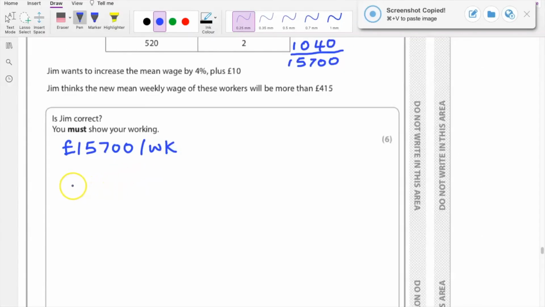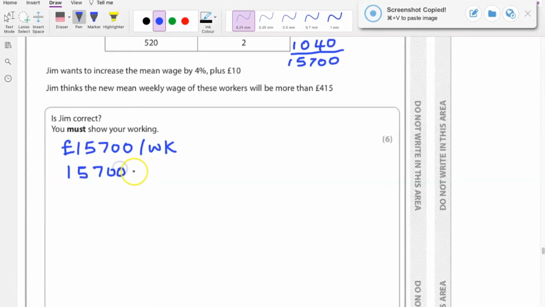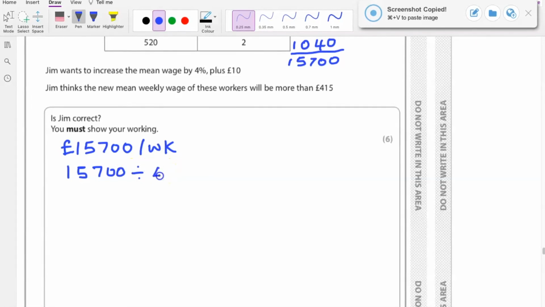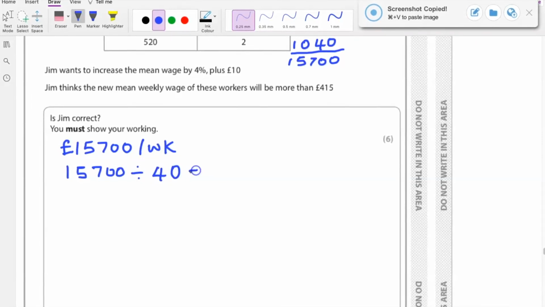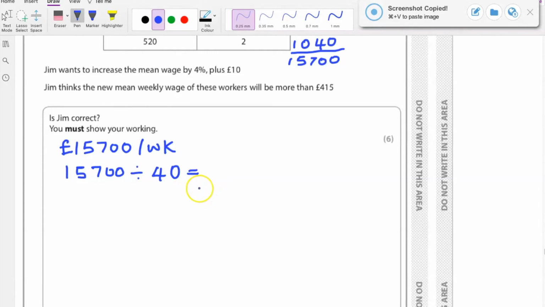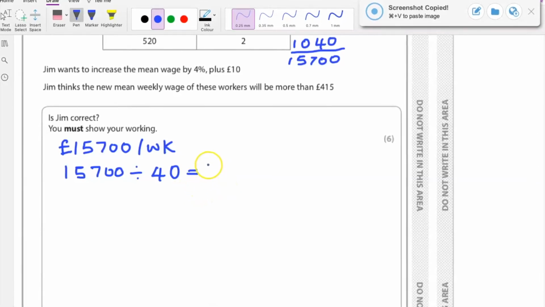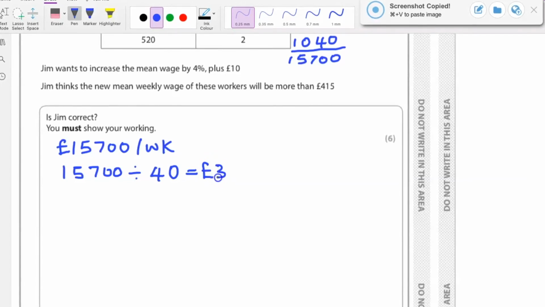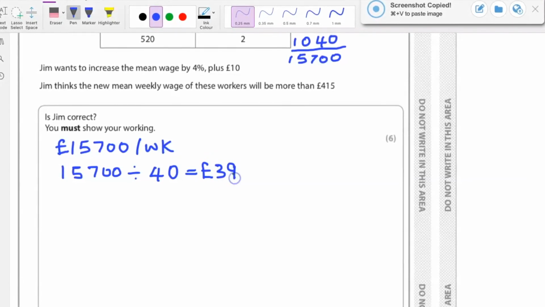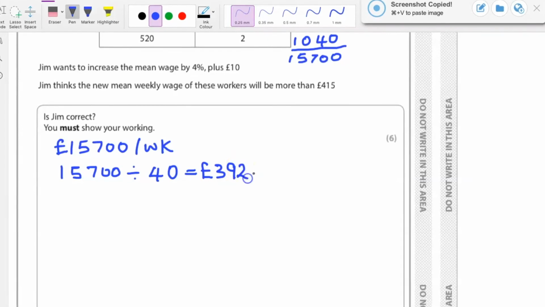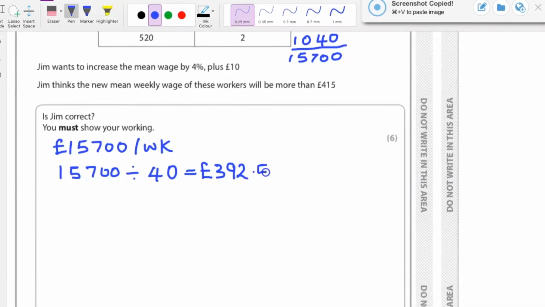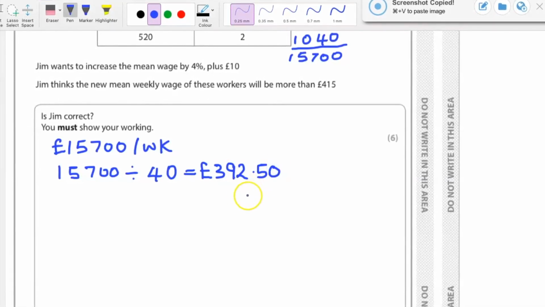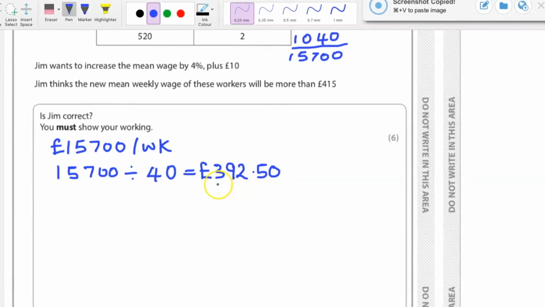But for each worker, we divide 15,700 by 40. Put this in your calculator. We get 392.50. Guys, that's what each worker gets.